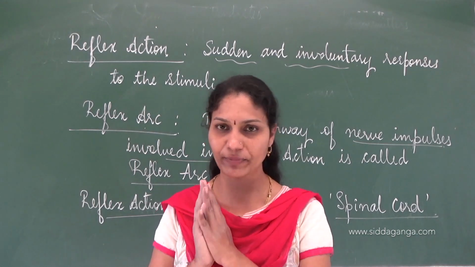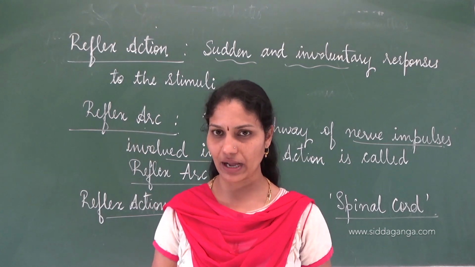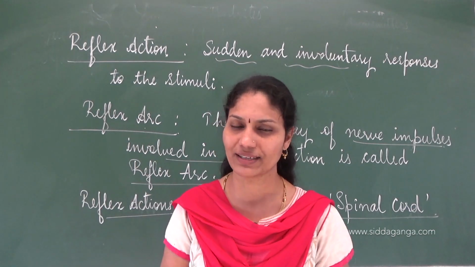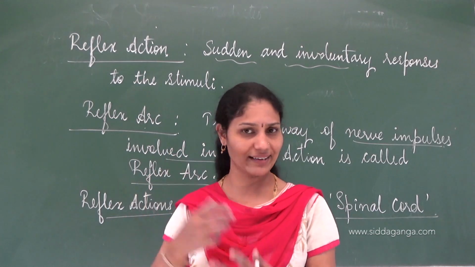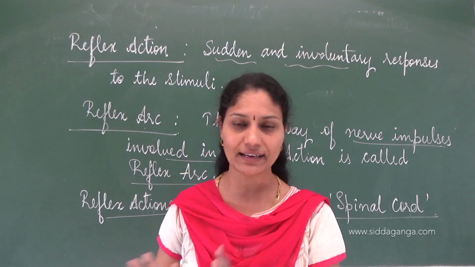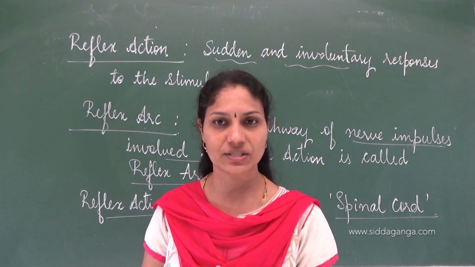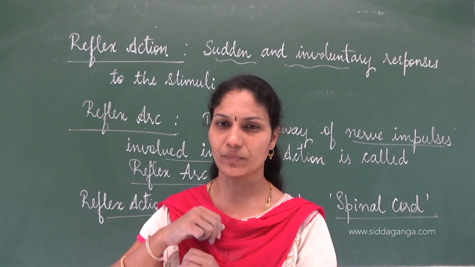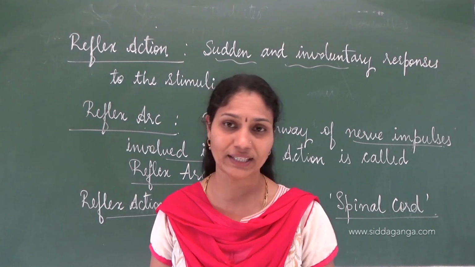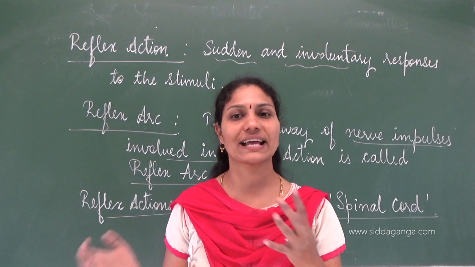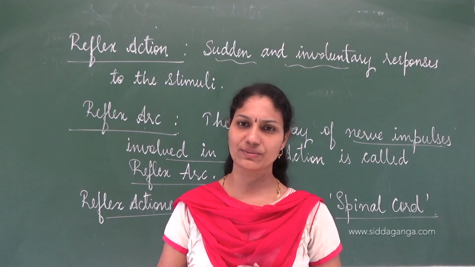Reflex actions have arrived because the thinking capacity of our brain is not so enhanced that we take very immediate decisions. We take decisions, of course, but not to that extent that we process things very quickly and protect ourselves from dangers very quickly. Hence, reflex actions are very vital in organisms.